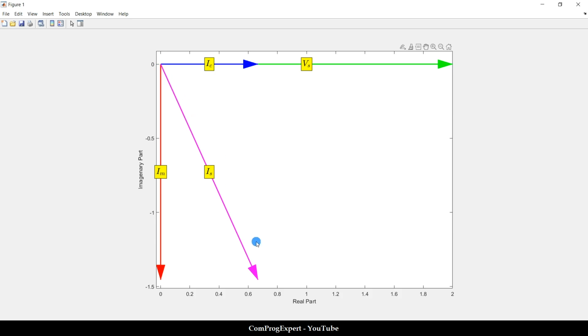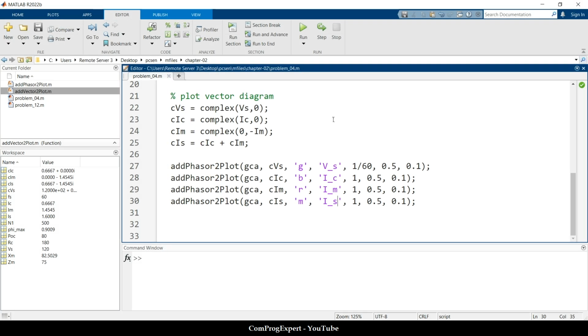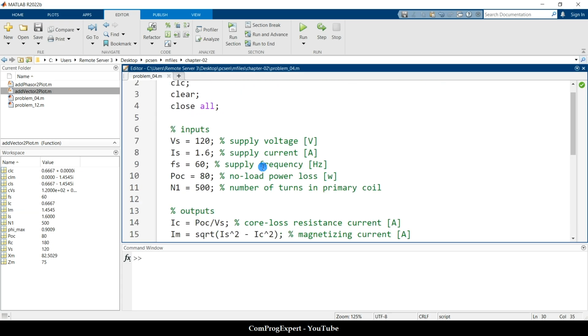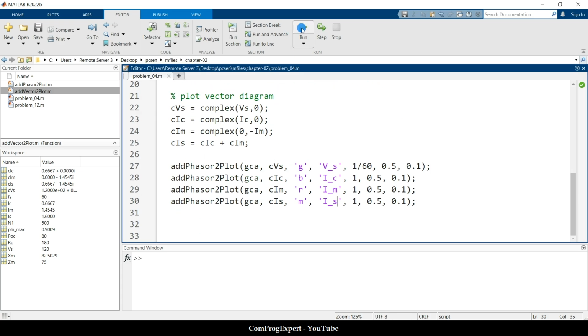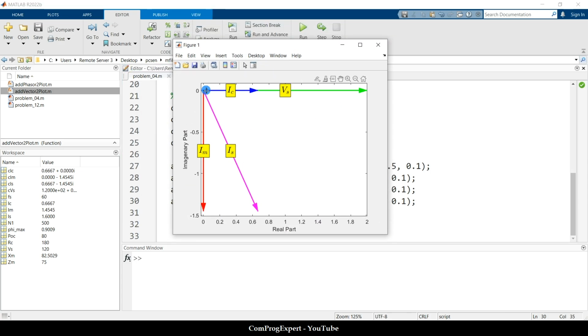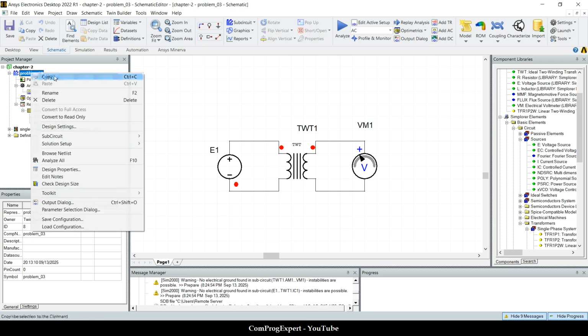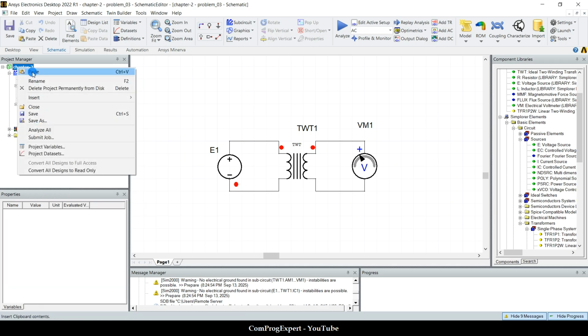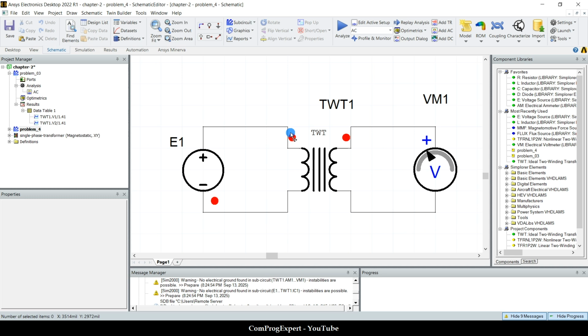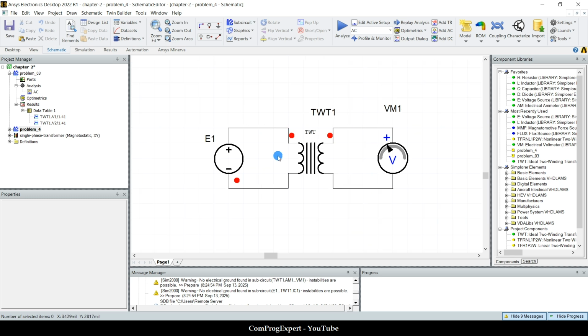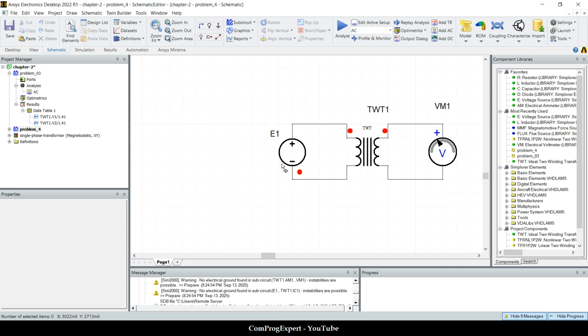So now let's solve this problem using ANSYS Simplorer and check whether we can generate this vector diagram or not. Here, let me copy this and paste it here. This is a single phase transformer again. We don't have the current in the secondary winding.